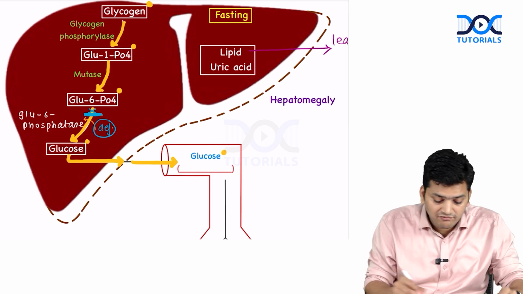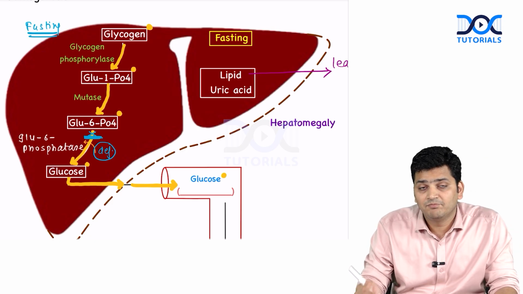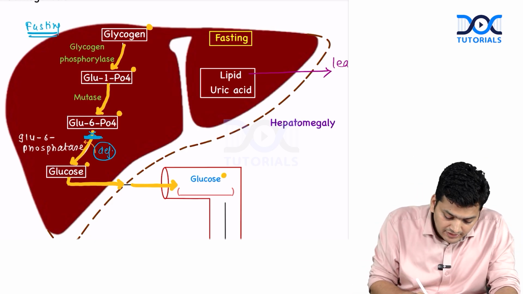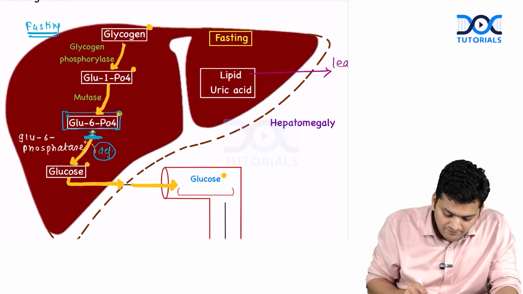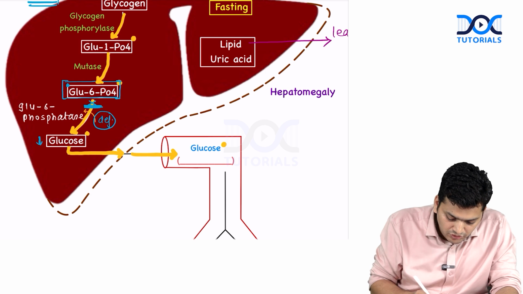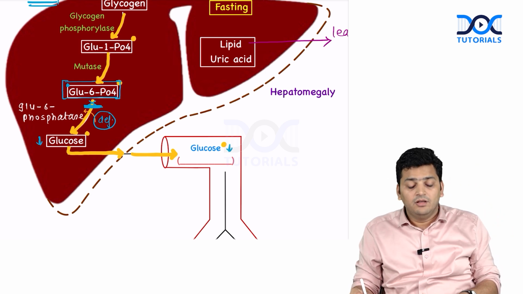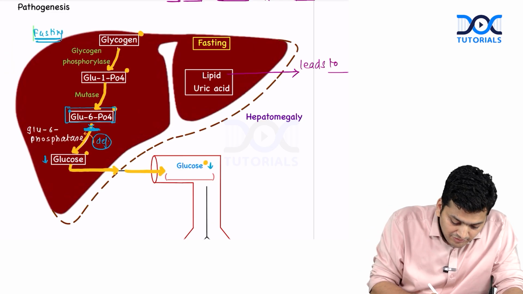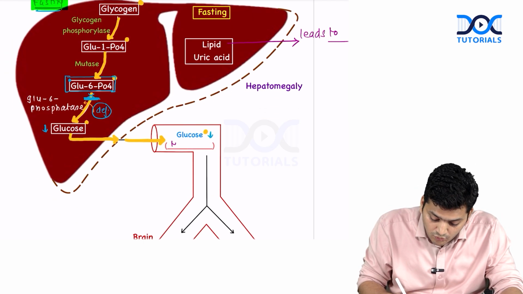So when this child is in the fasting state and tries to cut the glycogen, it will cut only till the glucose 6 phosphate, and now it is unable to convert into glucose. So the glucose that is going to reach the blood will be less. So when this child is in the fasting state, meaning in between the meals, this child may go into hypoglycemia.